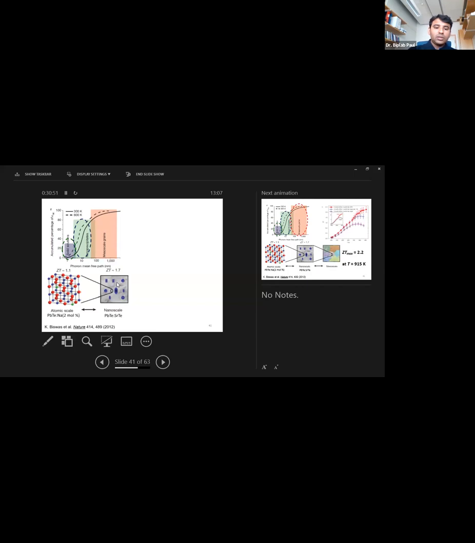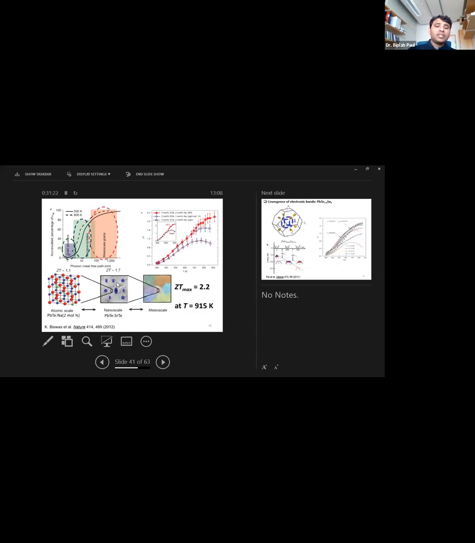When you introduce some nanodots inside the matrix, it scatters phonons having a mean free path in the range of 10 to 100 nanometers, and that drastically reduces thermal conductivity because the phonons in this range contribute to 80% of heat conduction. And that's why the ZT value increased to 1.7. Finally, if you introduce grain interfaces at mesoscale, it scatters phonons with long mean free path, and thus the ZT value is enhanced to 2.2.